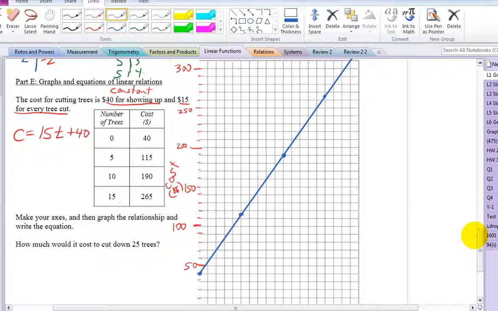Make sure you use a ruler. If one of your points is off, what should you do? Check it. You might have plotted it wrong or calculated it wrong. These are all straight lines that we're making.